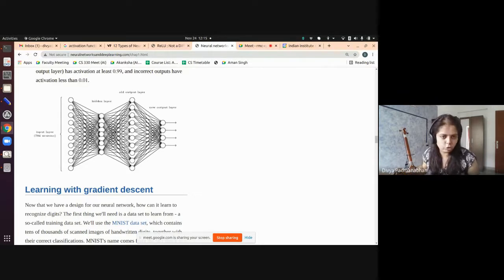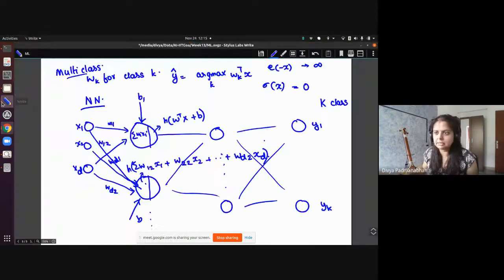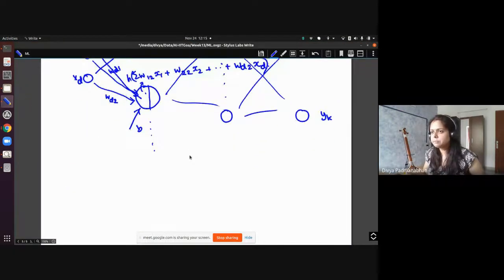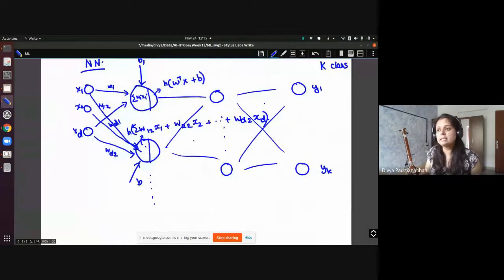They're also called neurons, and finally you can get an output. So this is actually what a neural network is. The important thing is this function h. It cannot be linear, because then you will again learn a linear classifier.